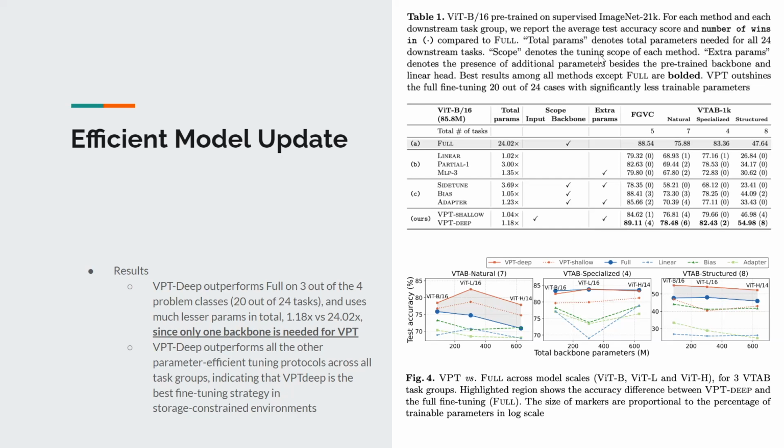Now, if you break down the tasks, we didn't beat them on all the tasks. We beat them on 20 out of all the 24 tasks, but on average, we beat full fine-tuning. This is a very interesting result, because you see that the amount of storage that we need for the prompt is really small compared to storing a copy of the big backbone for every team throughout the company, because only one backbone is needed.